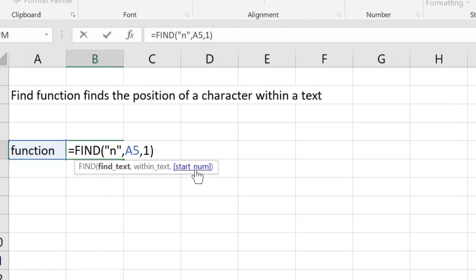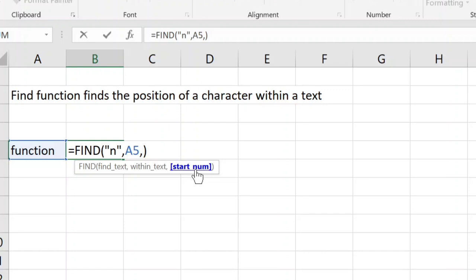The first is at place 3 and the second is at the last of the word. So which n do we want to find? Here you need to consider the start num. We want to find text n within A5, but when we put the start num, we need to think which n position we want.